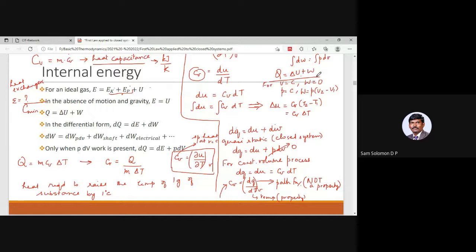And because we are talking about specific heat at constant volume, we are able to say dq is equal to du. Only because of that are we able to say dq is equal to du. That doesn't mean that this is also a path function.